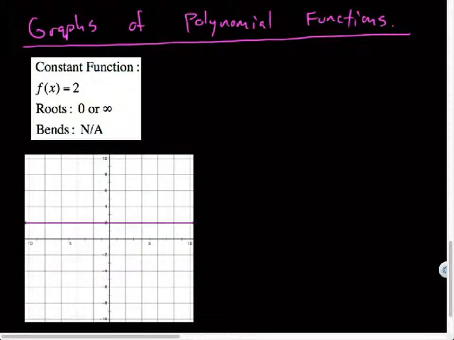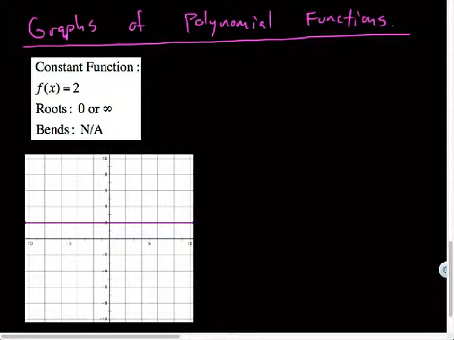I indicate that there are 0 roots, or x-intercepts, because notice it's parallel to the x-axis. Or it's possible I could have infinitely many roots with a constant function if it was f of x equals 0, because then it would be intersecting with the entire x-axis forever. So that is a possibility with the constant function.